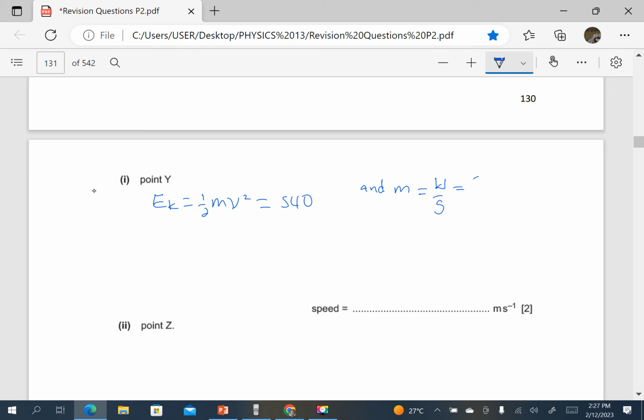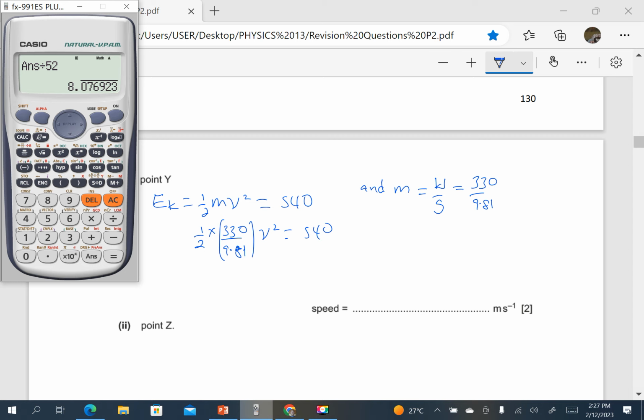So the mass is 330 divided by 9.81. Let's substitute here: a half times 330 over 9.81, times v squared, is equal to 540. So I'll check my calculator.